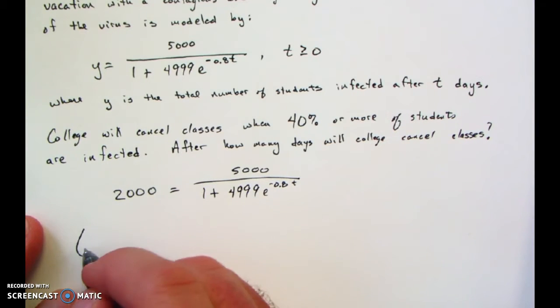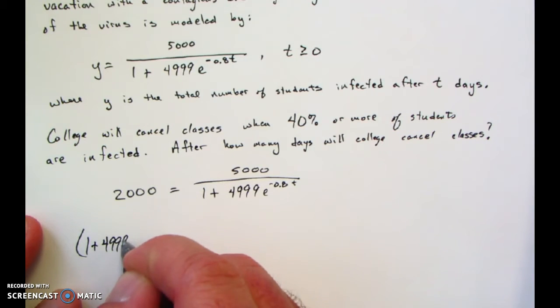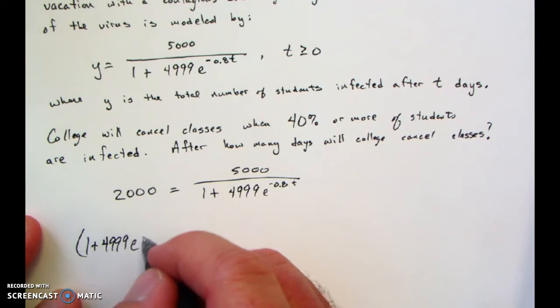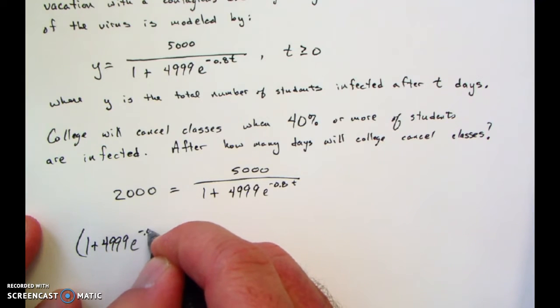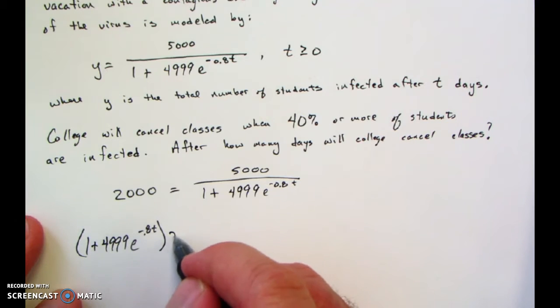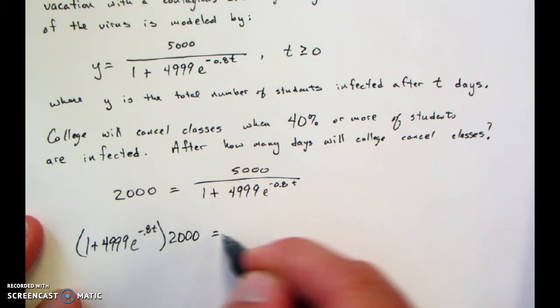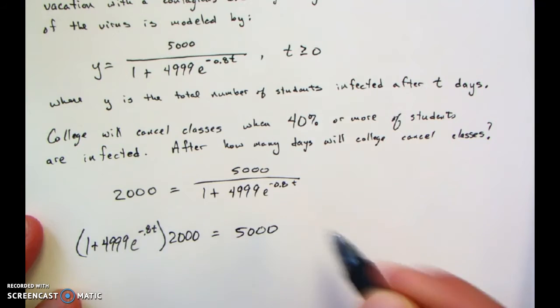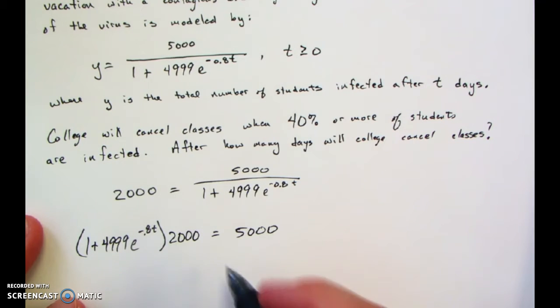So now I'm going to have our quantity here, 1 plus the 4,999 times e raised to the negative 0.8 times t power. That's times the 2,000. And if we divide 2,000 over to this side, that would give us a 2.5.